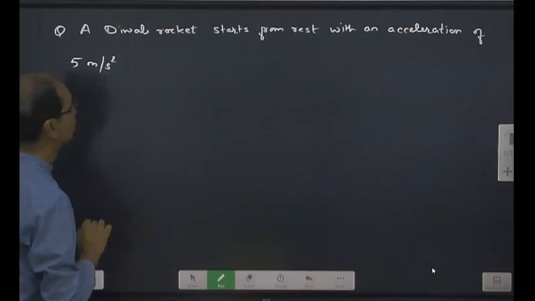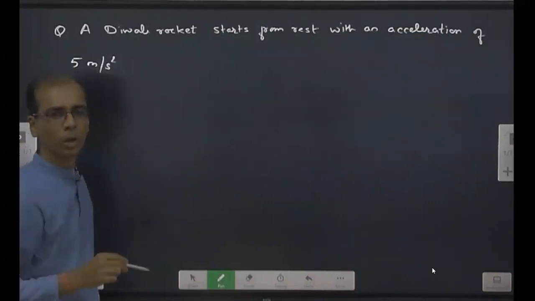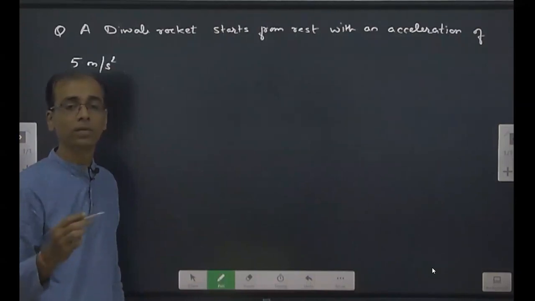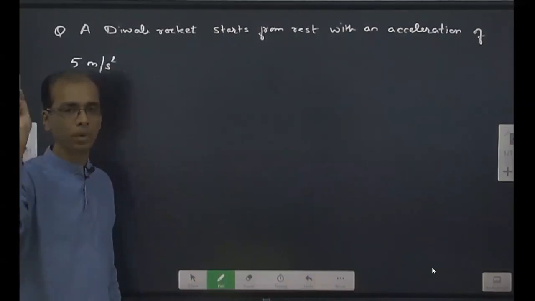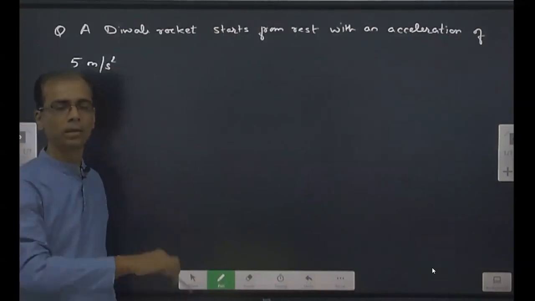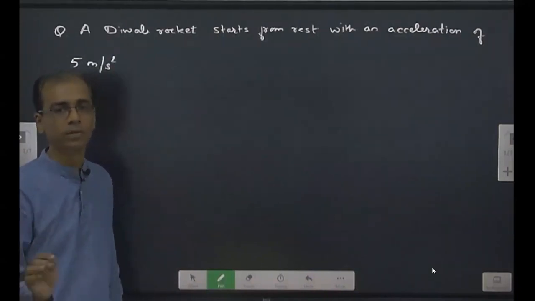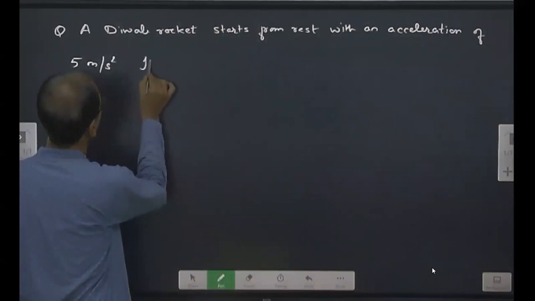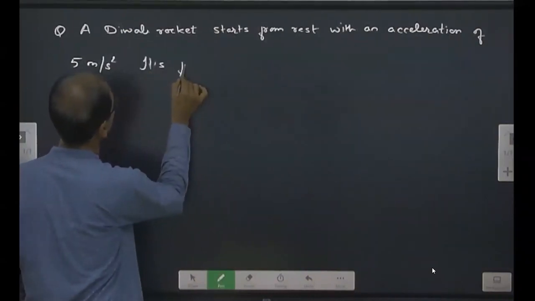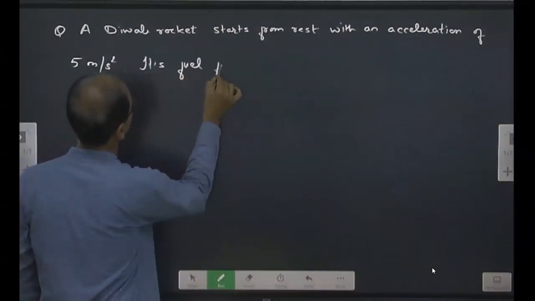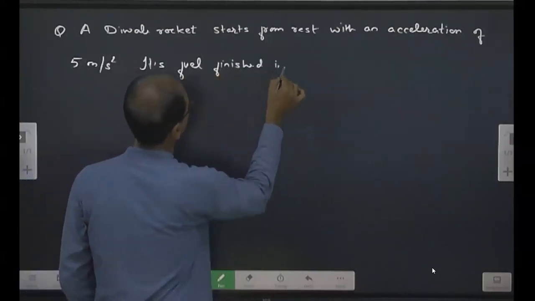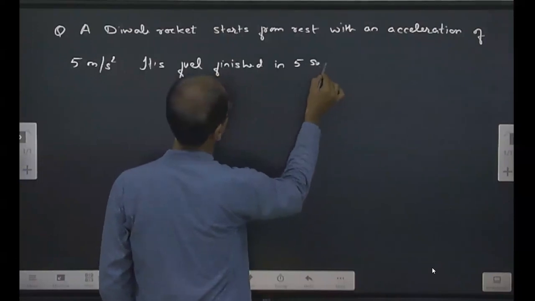Okay, then up to how much time can it go up? For a few seconds it will go up, right? After that, what will happen? It will blow somewhere and then it will return back. That's how we have seen Diwali rocket. Okay, so we say its fuel finished in 5 seconds.